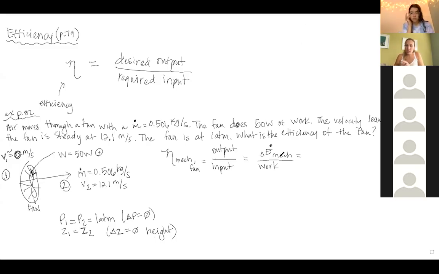Our change in energy over time is also equal to our mass flow rate times our change in specific energy, right? This is an equation that we've worked on before, where our total change in energy over time is going to be equal to our mass flow rate times our change in specific energy. This is still going to be divided by work.